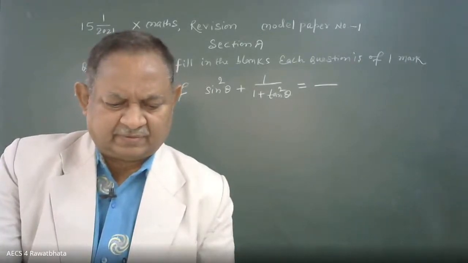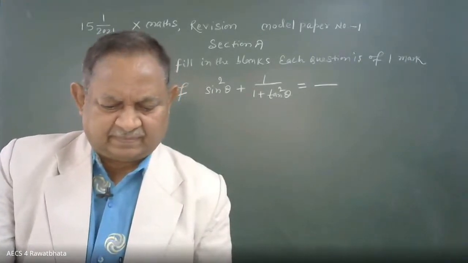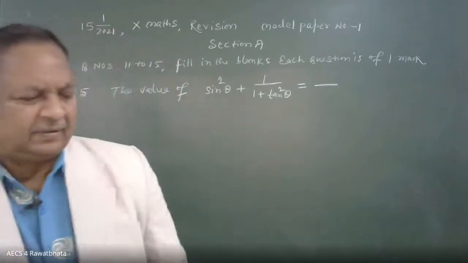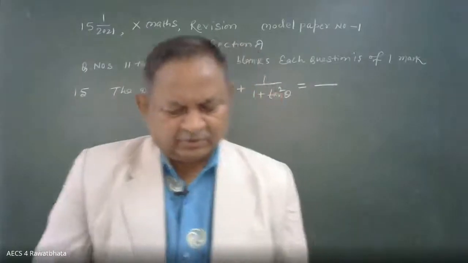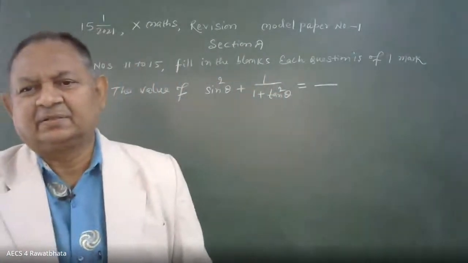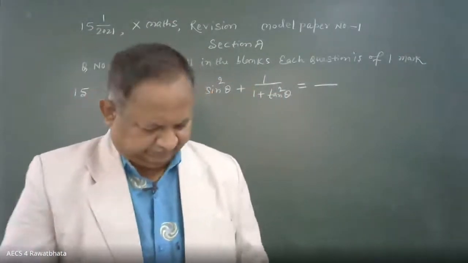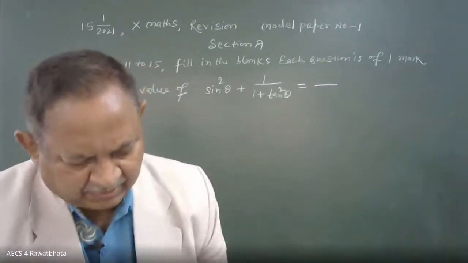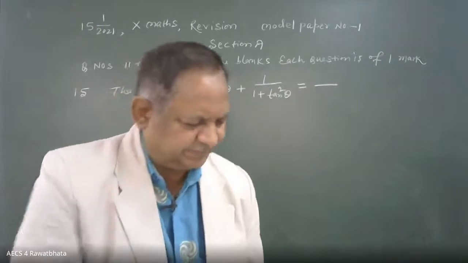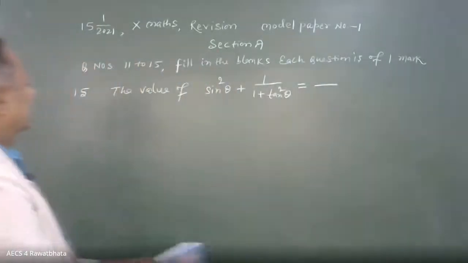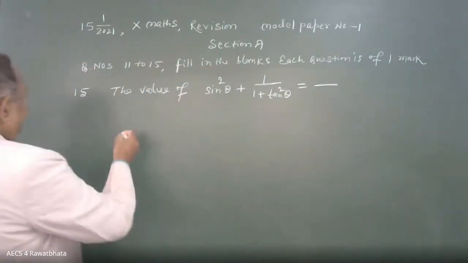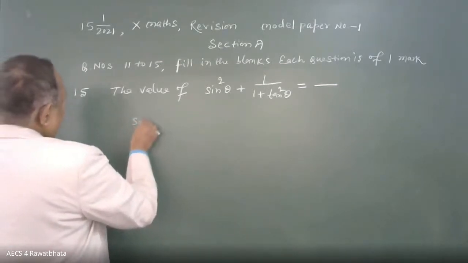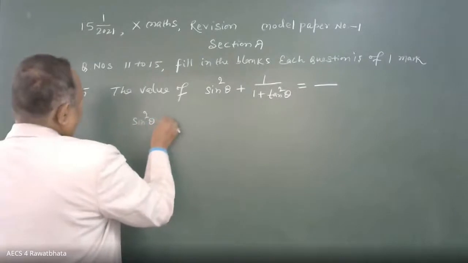So your answer is 1. Sin square theta plus 1 by 1 plus tan square theta, that is sec square theta.